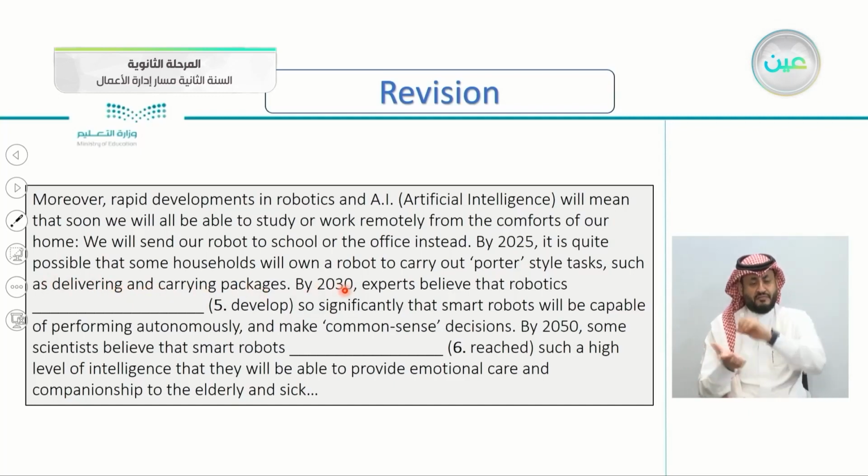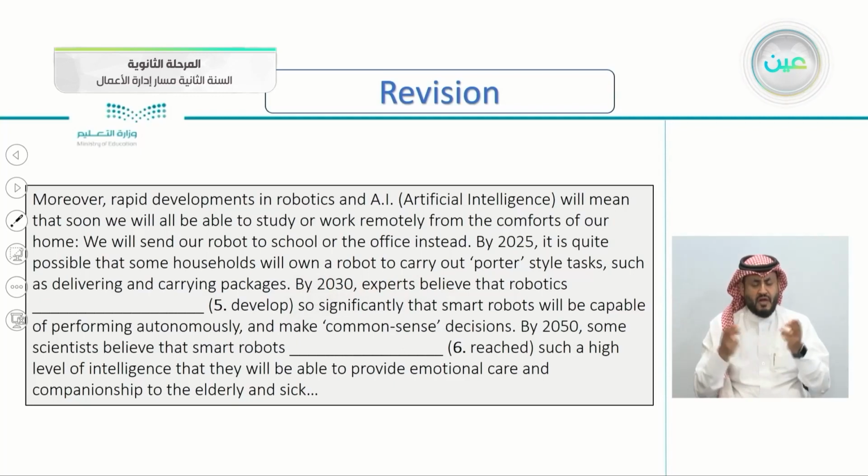By 2030, experts believe that robotics develop so significantly that smart robots will be capable of performing autonomously. So, by 2030, experts believe that robotics.